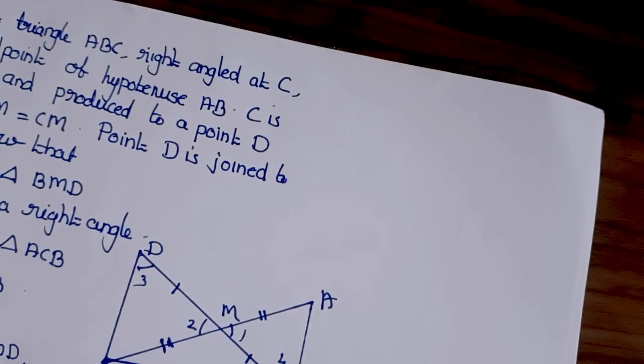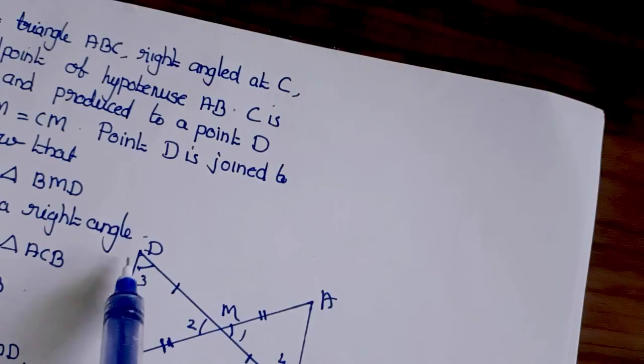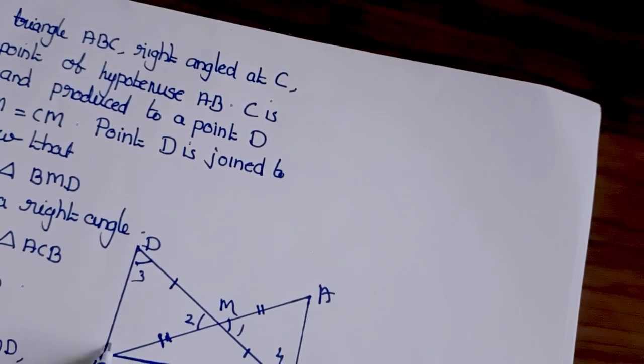Now, angle DBC equal to angle ACB, reason both are 90 degrees. These two are 90 degrees. These two triangles.